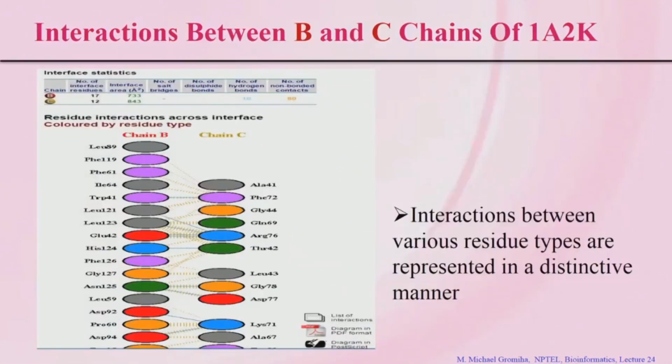You can see here this is chain B of 1A2K, this is chain C. They are making different types of contacts, and they use different colors. What is the meaning of the different colors?